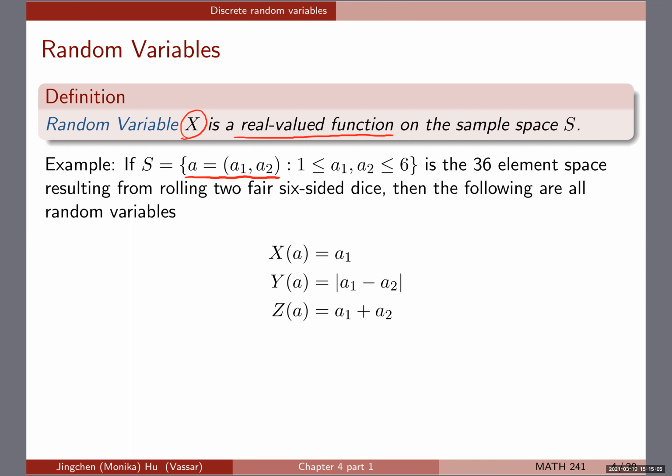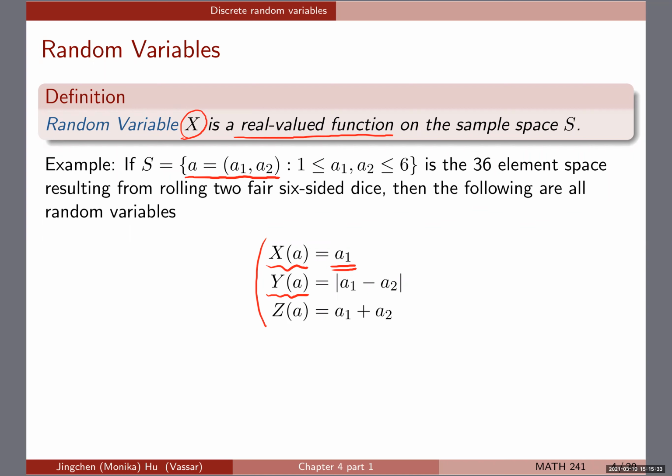But exactly how, we have three examples here that are all random variables. The first one, the random variable is just the outcome of the first die, and it could be 1, 2, 3, 4, 5, 6. We know that. And then we can also have random variables such as, what if I want to know the absolute difference between the two outcomes?